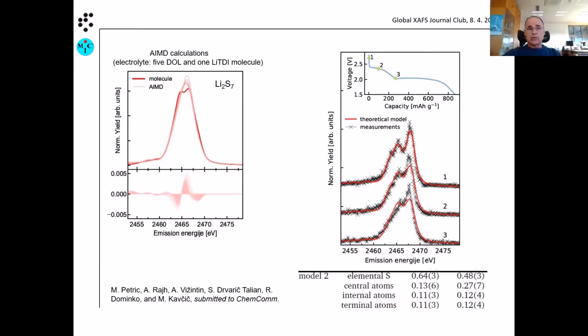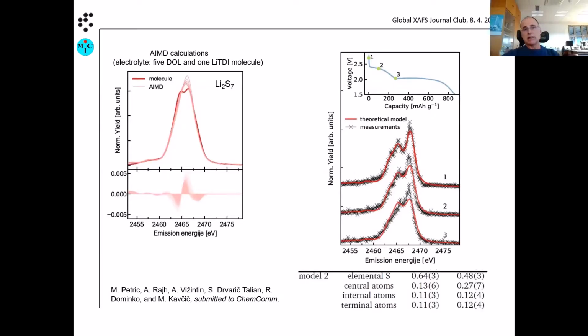And here we try to do the same, but it's a bit more complicated because now there is electrolyte inside. So you can see the calculations have been extended to take the electrolyte into account. One needs to do molecular dynamics calculations, which slightly changes the shape of the spectrum compared to an isolated molecule.